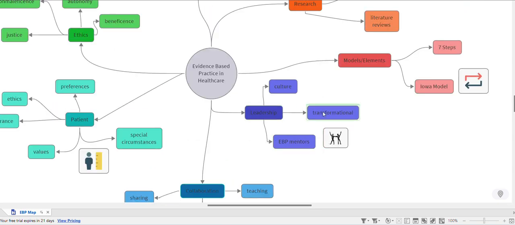And the final thing that needs to be in place for evidence-based practice in healthcare is leadership. And this is kind of coming back to the 7 steps here. The first step was creating a culture where evidence-based practice can even occur and begin, and that really stems from having good leadership, creating that culture where people feel safe to want to learn and grow, having EBP mentors in your hierarchy or organization.